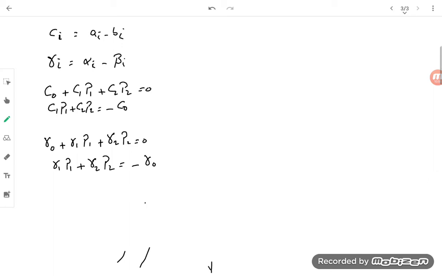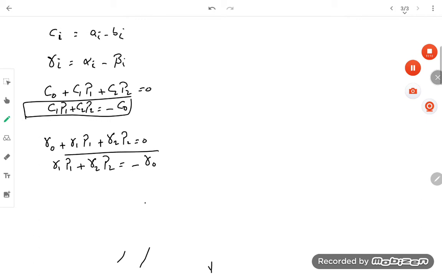Now we can solve the two equations in order to find the values of P1 and P2.